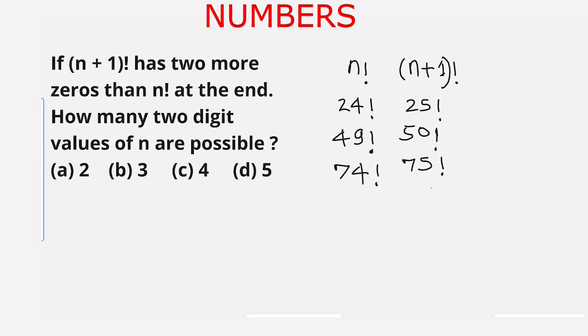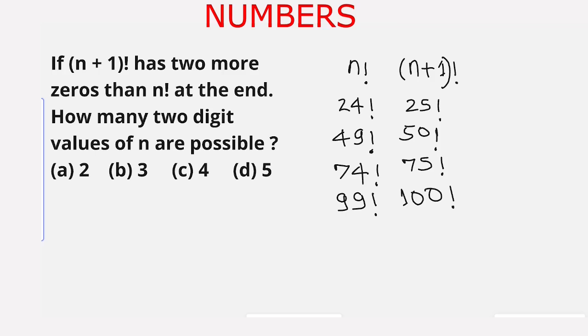And between 74 factorial and 75 factorial, there is a difference of 2 zeros at the end. And again, between 99 factorial and 100 factorial, there is a difference of 2 zeros at the end.